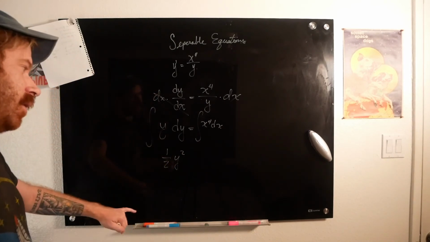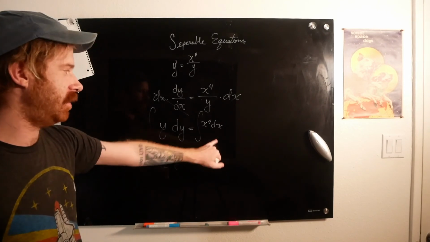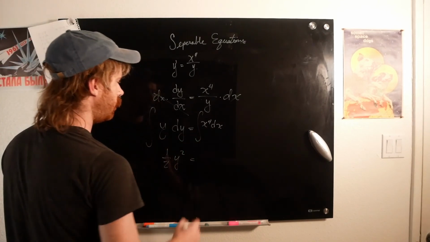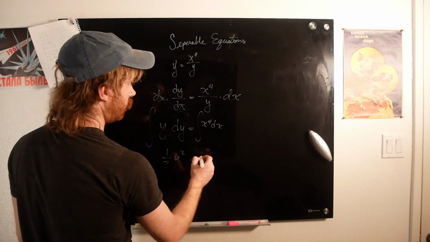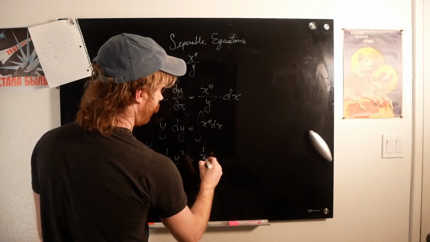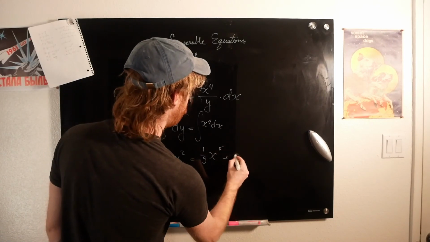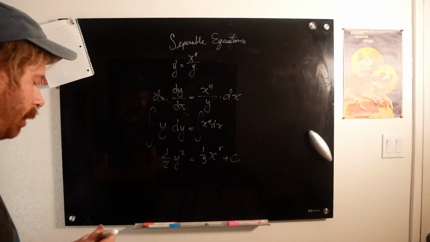It's on the left side of the equation, so I'm not going to worry about the c for this side. I'm only going to worry about the constant of integration for this side of the equation. So 1/2 y squared equals 1 over 5 x to the fifth, plus the constant of integration.